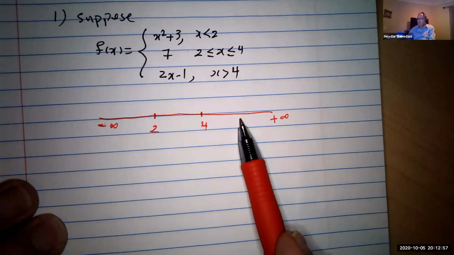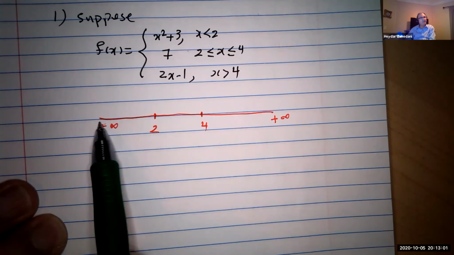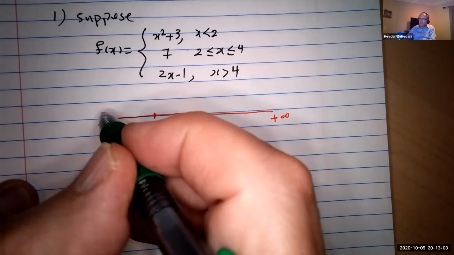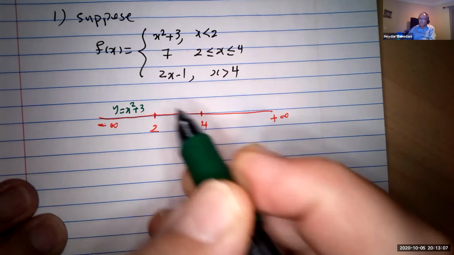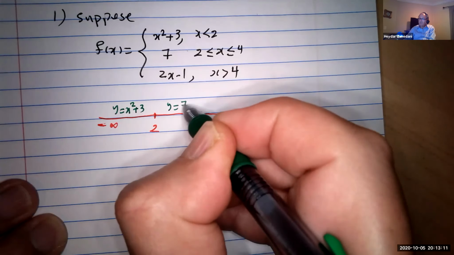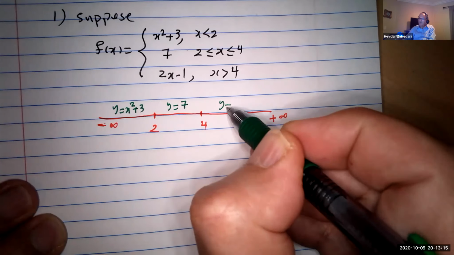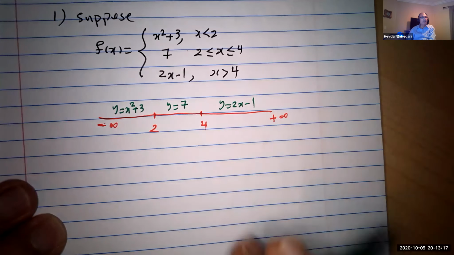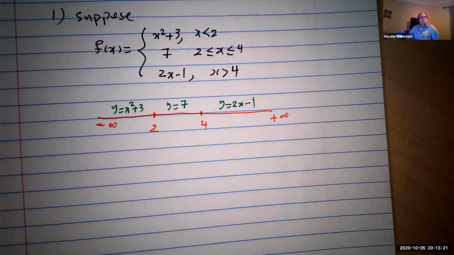If you are in this region, the value of your function, we call it y, is x squared plus 3. If you are in between, the value of your function is always 7. If you are in this portion, the value is 2x minus 1. So you have 3 formulas, 3 brackets.